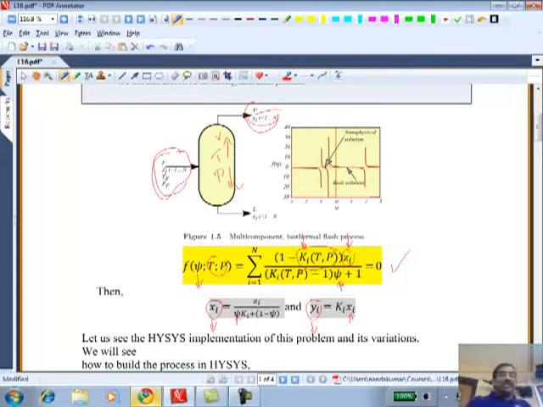If I have this entire mixture in a liquid phase, and I'm adding heat to it continuously, the temperature or the pressure at which the first vapor bubble will come will be called the bubble point condition. Okay, so we can calculate all these from this simple equation because they're all limiting cases of the general case that we have developed, where we have any amount of vapor and liquid.